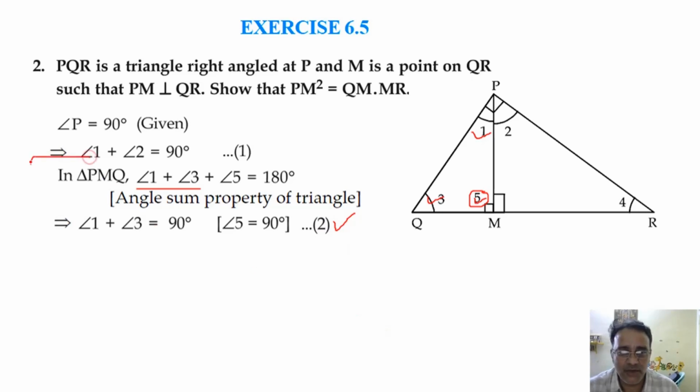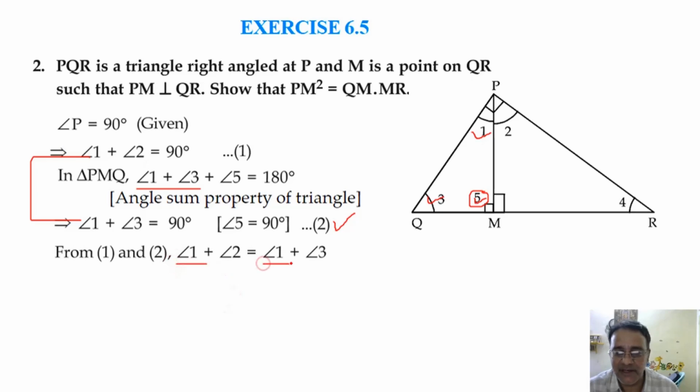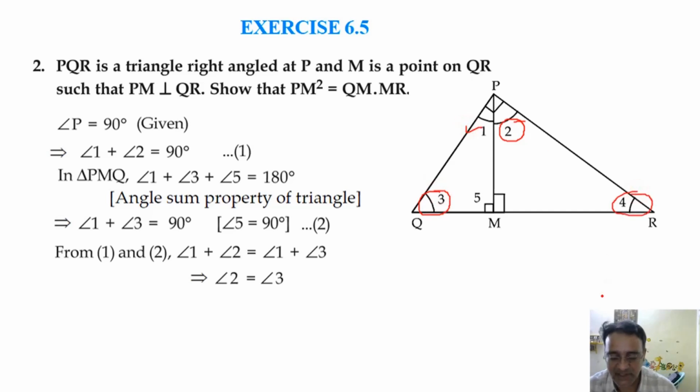Now from these 2 equations, angle 1 plus angle 2 is equal to angle 1 plus angle 3. So here angle 1 you can eliminate, and what we are getting, angle 2 is equal to angle 3. Just now I told you the corresponding angle of this will be this one, और 1 का क्या होगा, ये होगा. ठीक है.